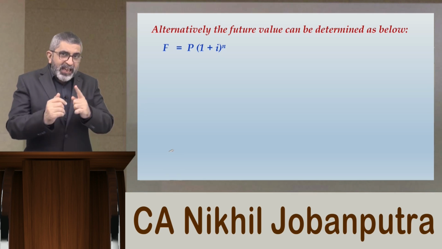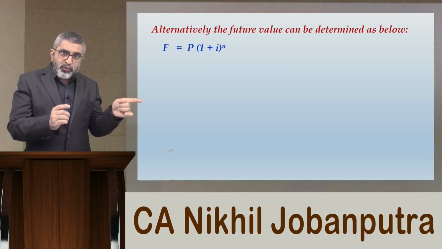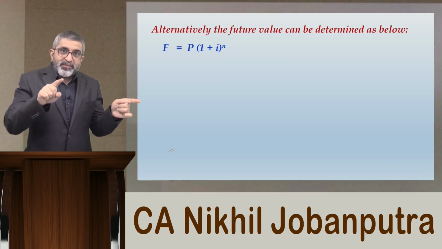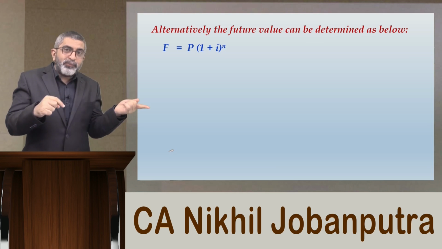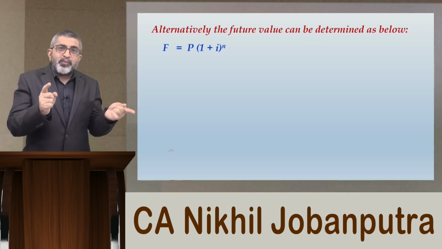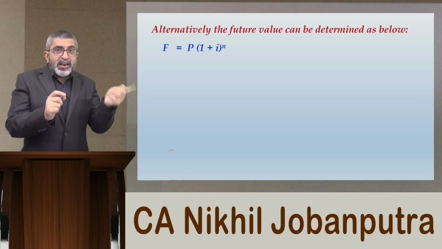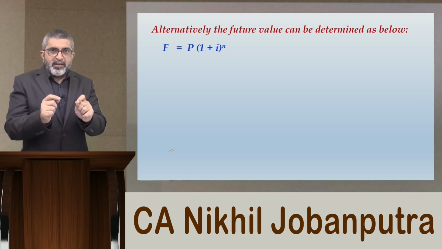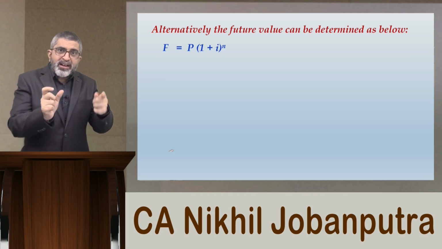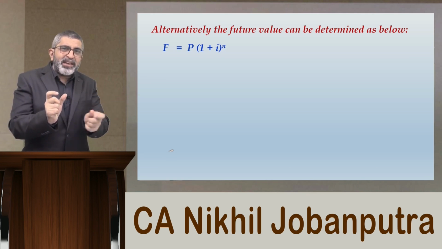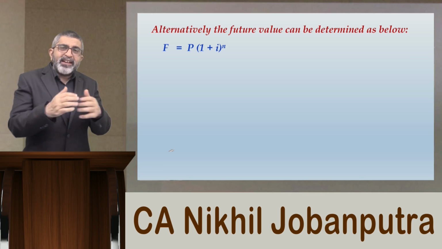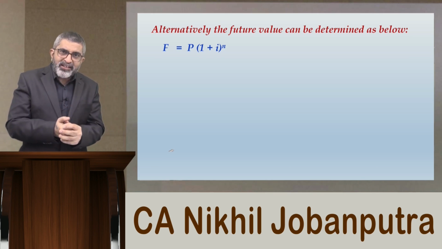That means if 1 is becoming 1.1 in 1 year's time, how much will 1 become after 3 years? 1 will become 1.1 raised to 3, that means 1.1 into 1.1 into 1.1. When you do that, 1.1 raised to 3, it is giving the compounding effect, and that is how we compute the compound interest.